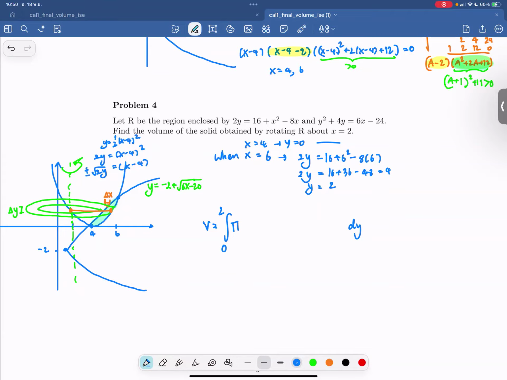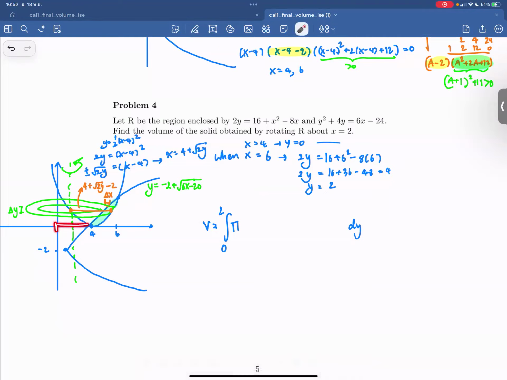And our x equals 4 plus square root 2y, since we use the right part of the parabola. So the outer radius should be 4 plus square root 2y, and then minus 2, right?